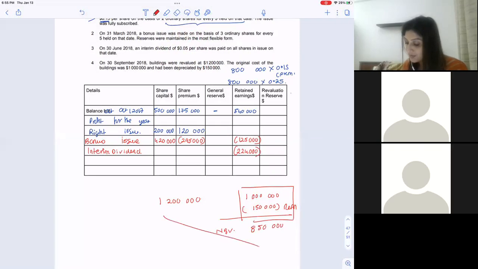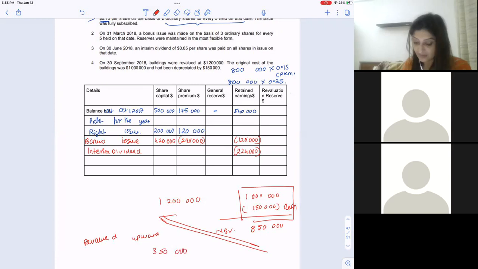You have revalued it at how much? 1,200,000. So you have revalued it upwards. How much is the revaluation? How much extra? 350,000. So you have a revaluation reserve, upward revaluation of building, at 350,000.